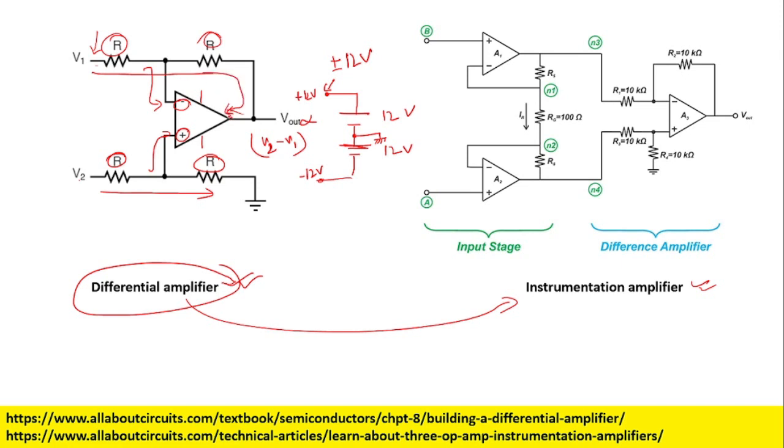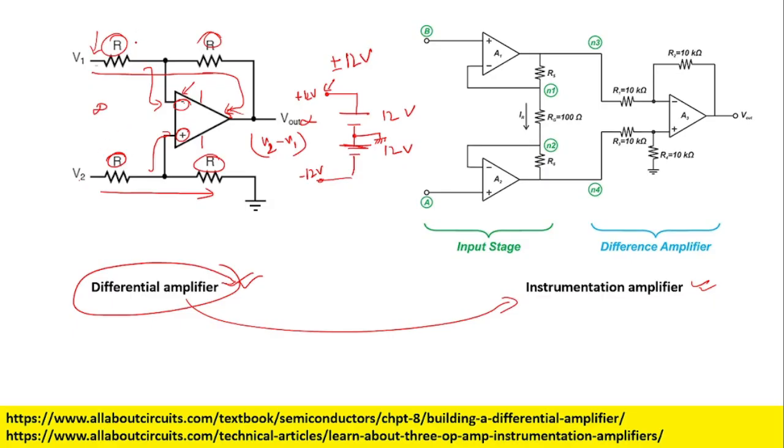What is happening? Both the non-inverting terminal and the inverting terminal have low input impedance. Ideally the input impedance of the op amp is infinite.